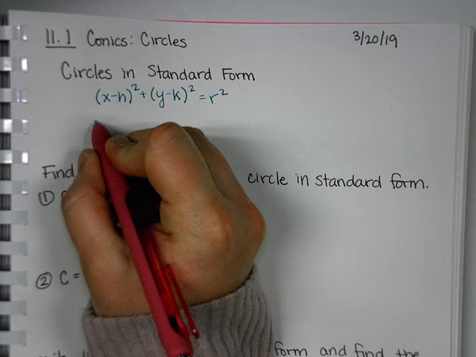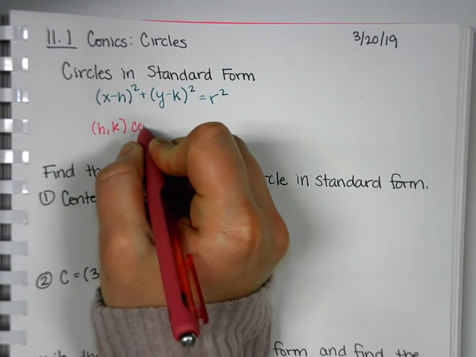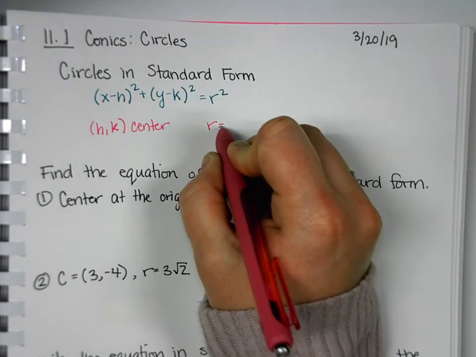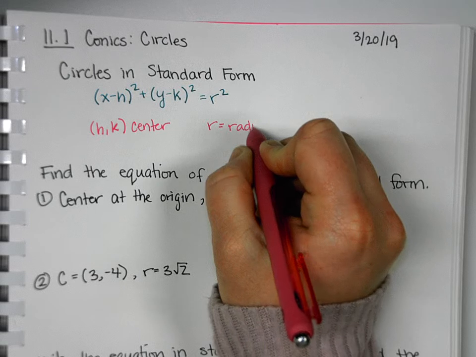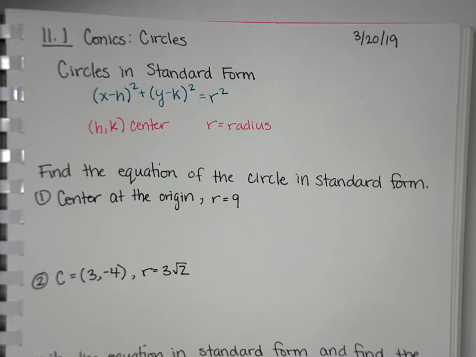The parts that we need to know are that h and k are the center of your circle, and r is the radius. So we're going to start by just writing some equations in standard form.